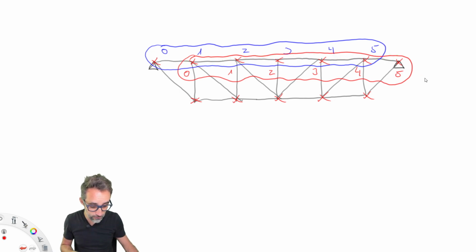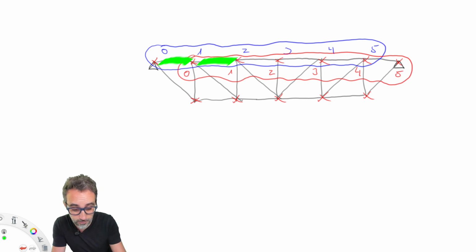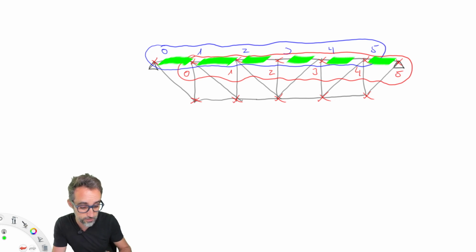And then you can see how by doing that, it's very simple to see that if we join with a line component element number 0 from the first list with element number 0 from the second list, we will get this bar. If we join element number 1 of the first list with element number 1 of the second list, we get this bar, and so on and so on.